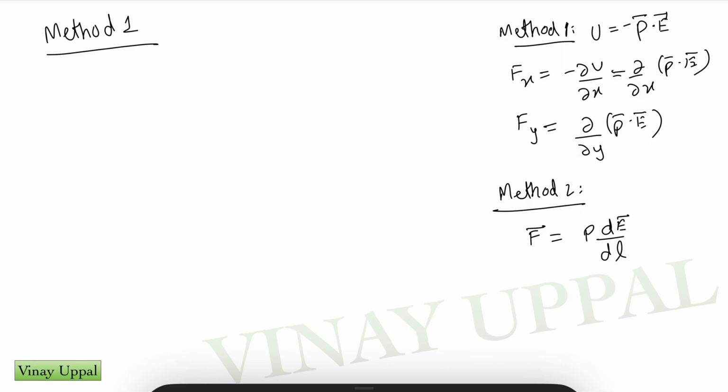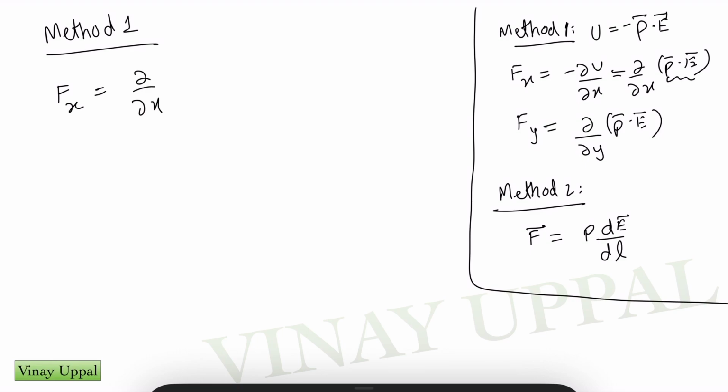So these were the two methods that I showed in the previous episode for the electric dipole case. And what I'm going to do is a very similar thing for the magnetic moment case. So in method 1, I'm going to write that the x component of the force is going to be the derivative of, so instead of P dot E, I'm going to use m dot B. This is one method, and similarly for the y and the z components.